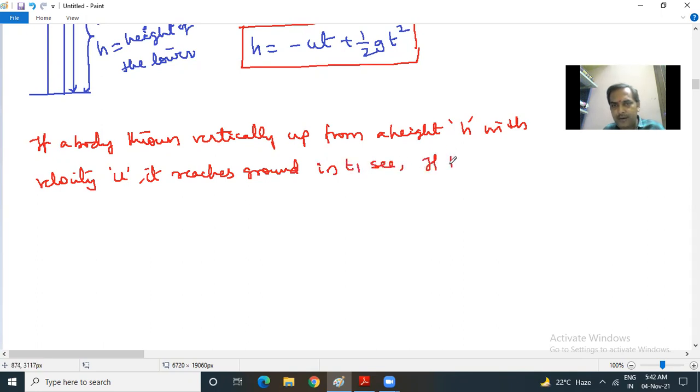If the same body is thrown down with the same velocity, it reaches the ground.